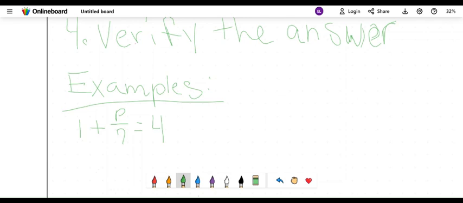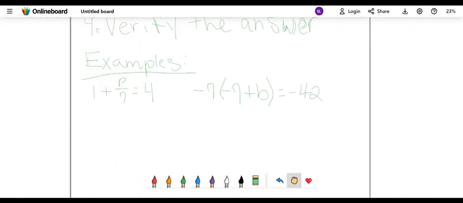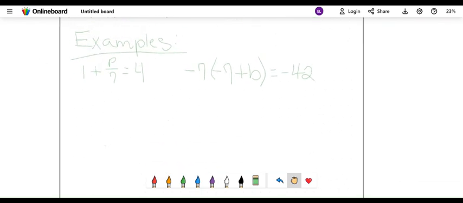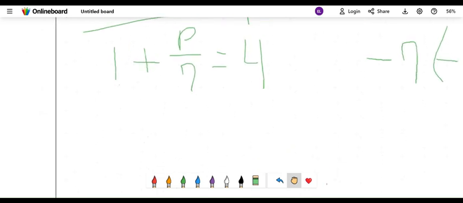But okay, we'll have this one here, plus b equals negative 42. Oh, looks like I can only put 2 on here. First, I'll just show you the first two. Alright, let's do this first.